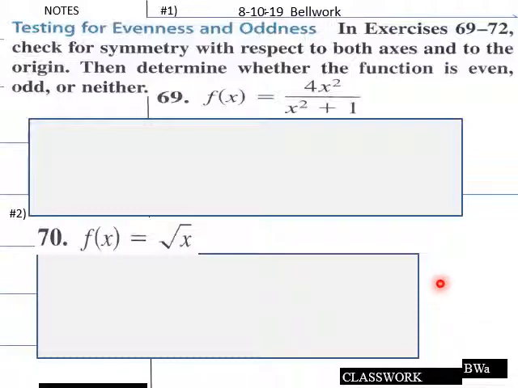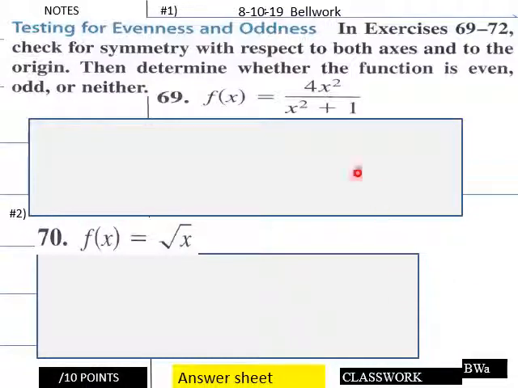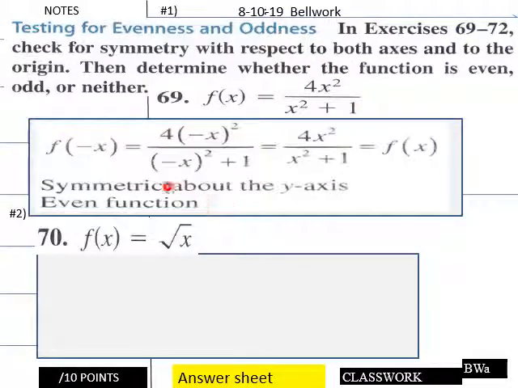Okay, welcome back everybody. For number 69, to check for symmetry, first of all, f of negative x equals f of x, so it is symmetric about the y-axis, and it is an even function because f of negative x equals f of x.